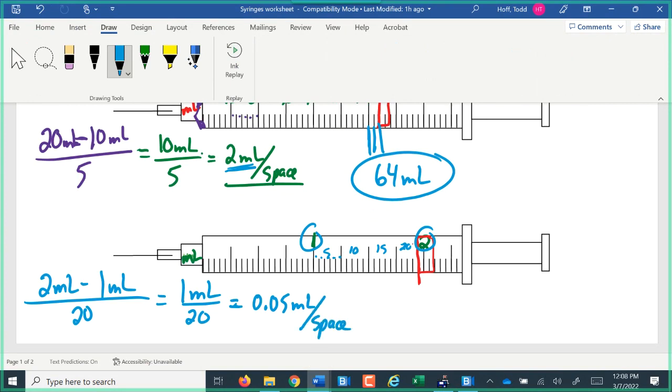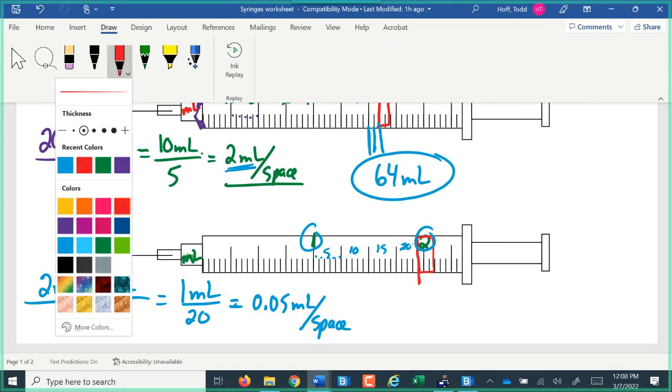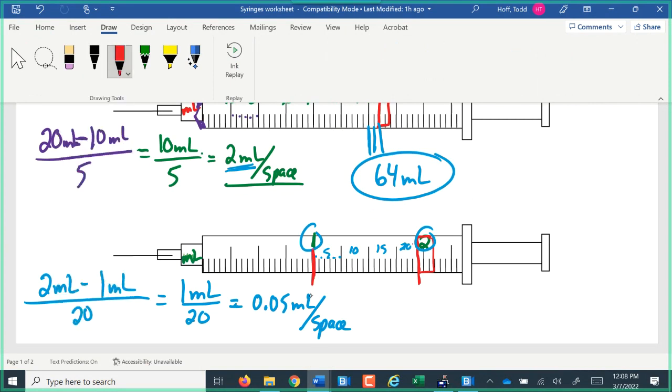So as we go to find this, we're going to count up from 1 milliliter, 0.05, 0.10, 0.15, 0.20, 0.25. Well, we can see that every 5 spaces is 0.25, so we could use that, or we could just keep counting 0.30, 0.35, 0.40, 0.45, 0.50.